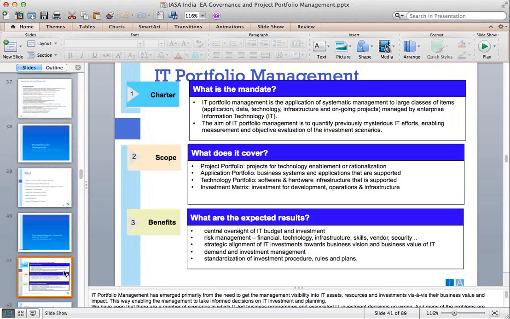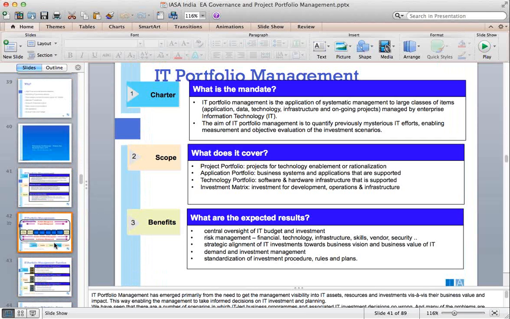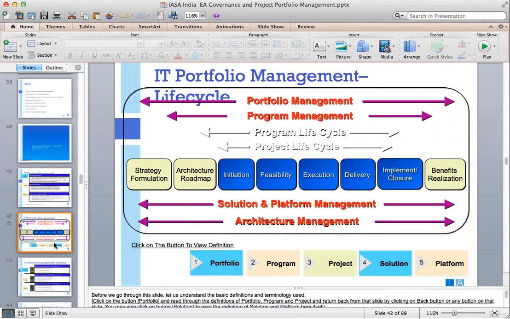So you standardize your procedures, rules, and plans so that at any given point of time, you should be able to operate effectively.